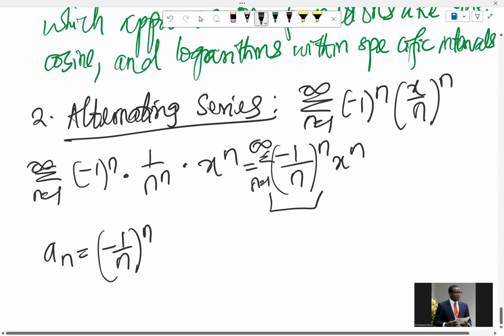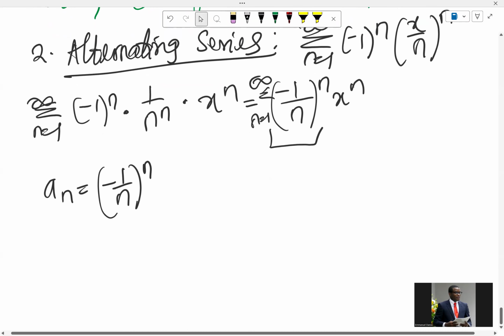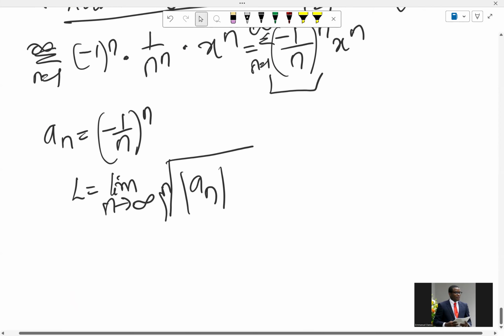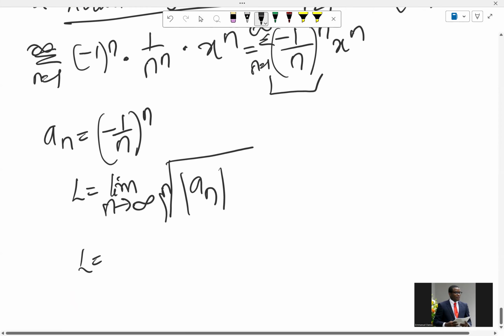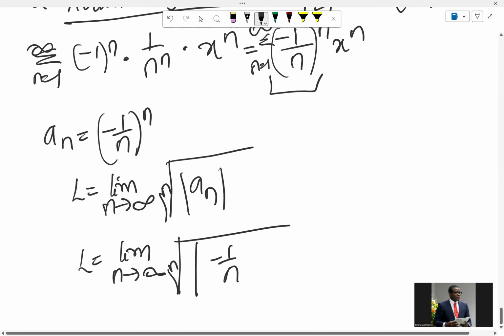So you can now find the limit. L is the limit as n tends to infinity of the nth root of the absolute value of a_n. That means L is equal to the limit as n approaches infinity of the nth root of the absolute value of minus 1 over n, raised to power n.